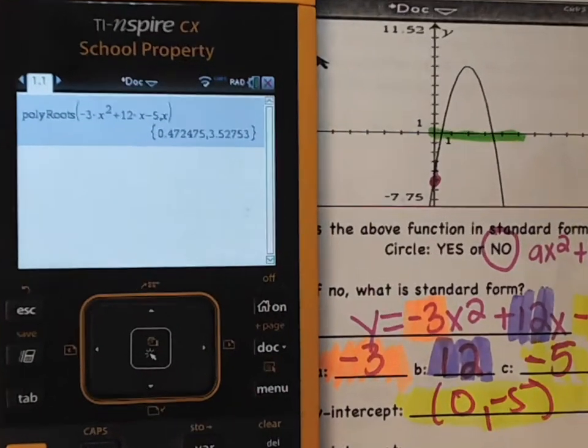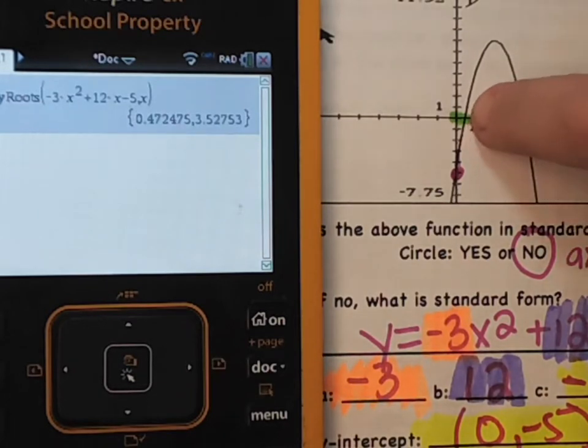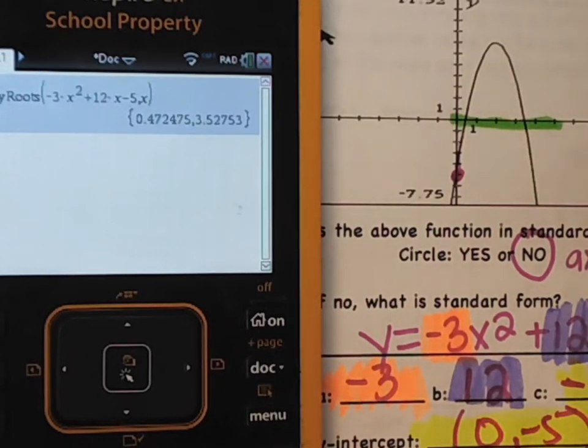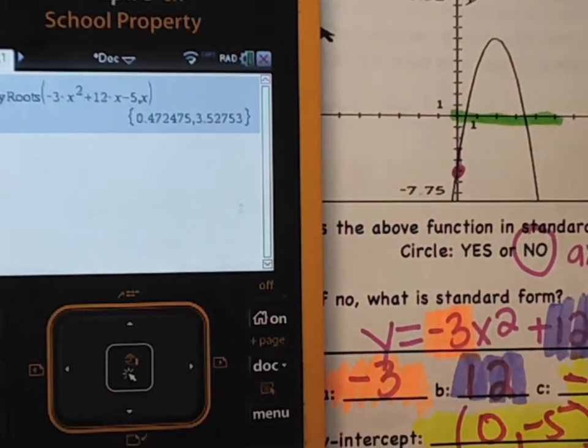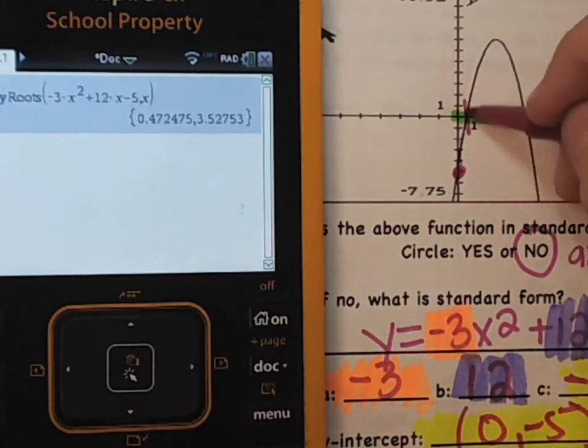And that gives us a really, really ugly decimal. The first decimal, which is about 0.5, that is our first intercept. And that's about half. So that's going to be our first answer. That's our first x-intercept. And it touches right here.